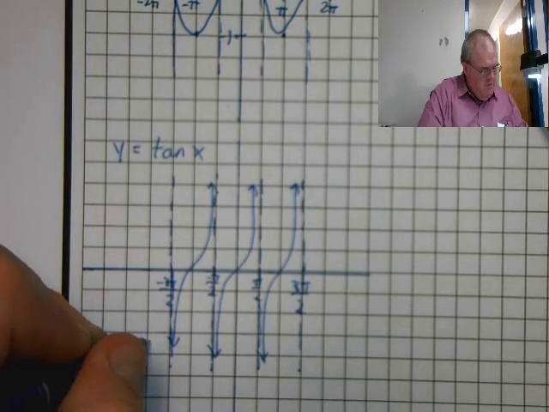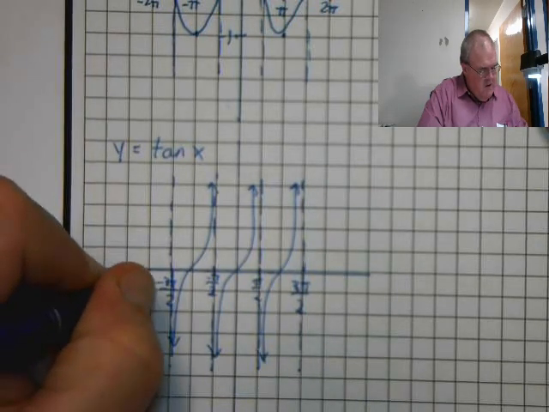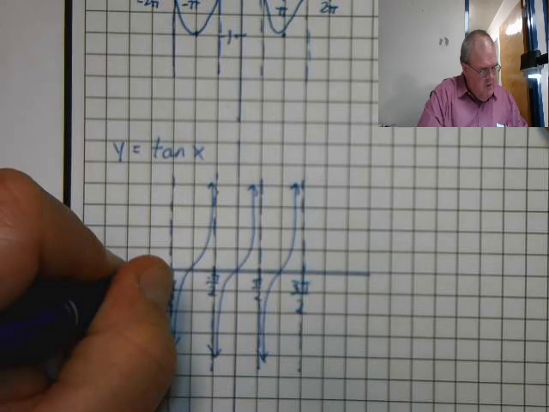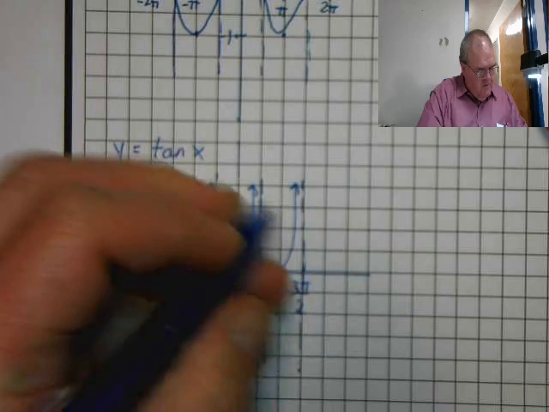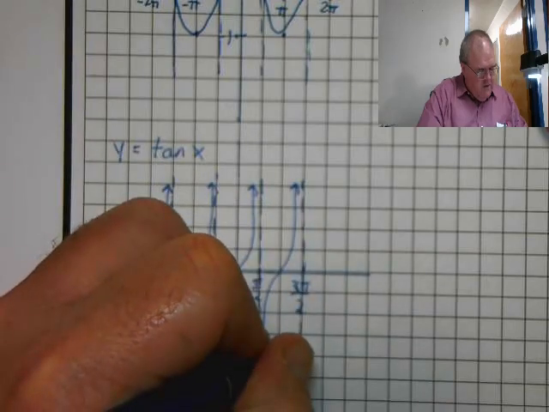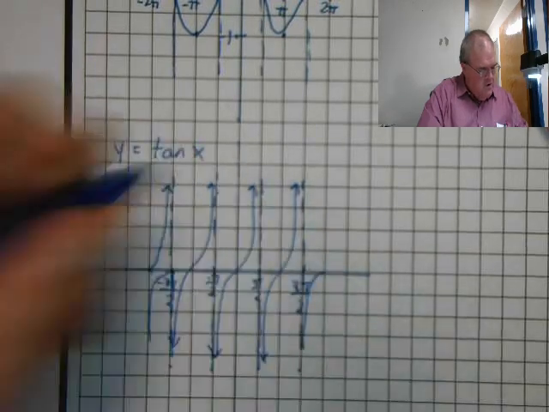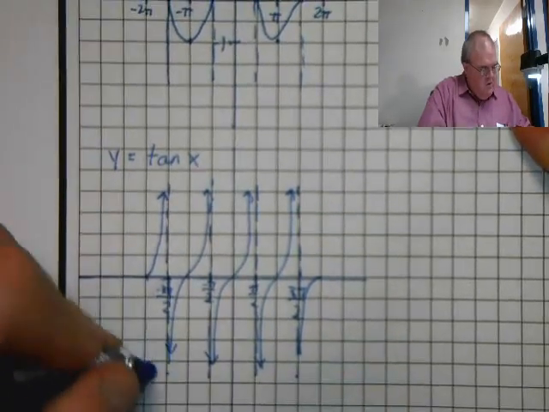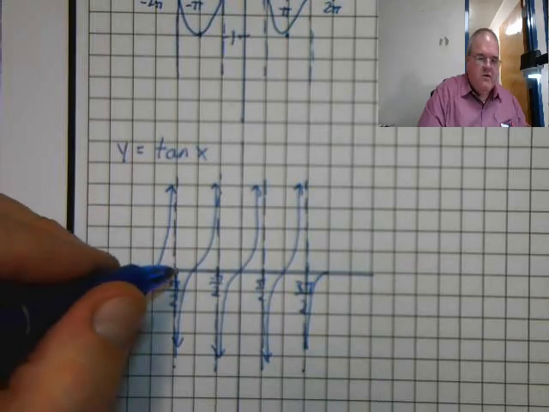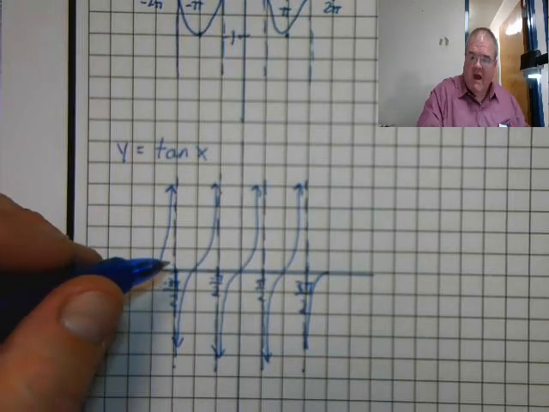And then when we come up from 2 pi, actually we're going to come up like this. And then over here from 3 pi to 2 pi is where we're going to do that shape. So this is the general curve for the tangent.